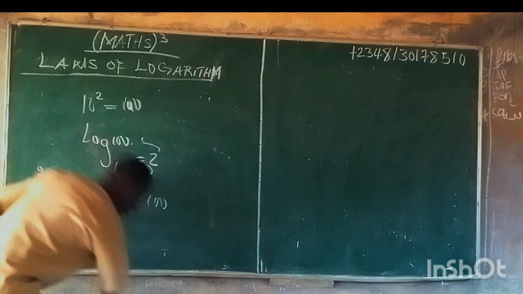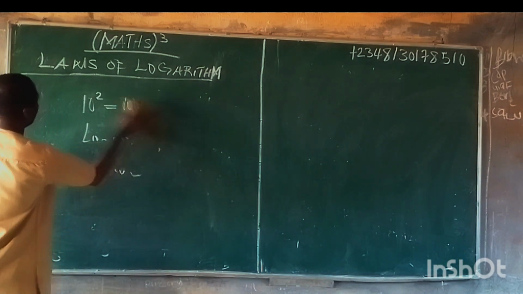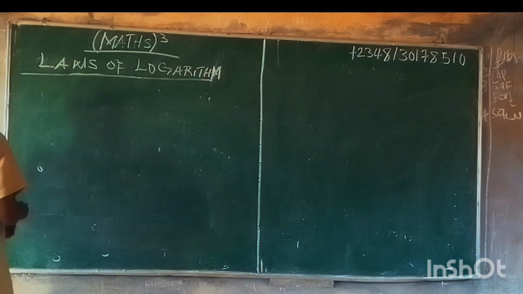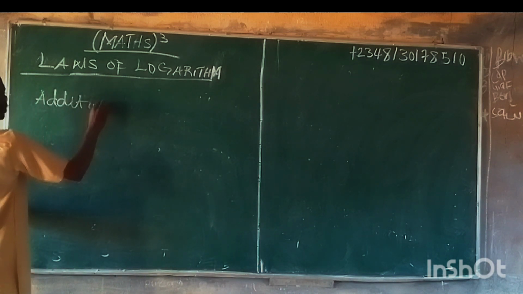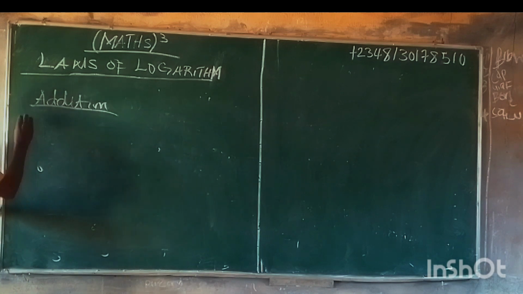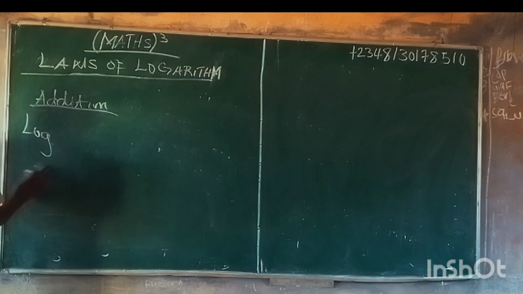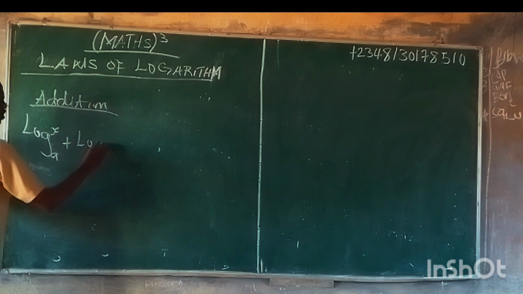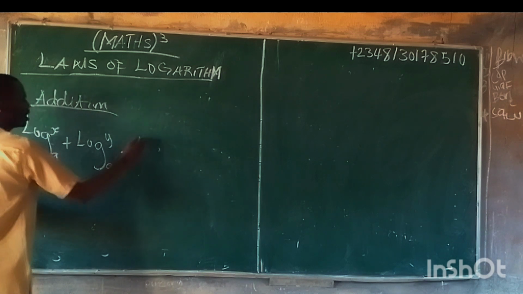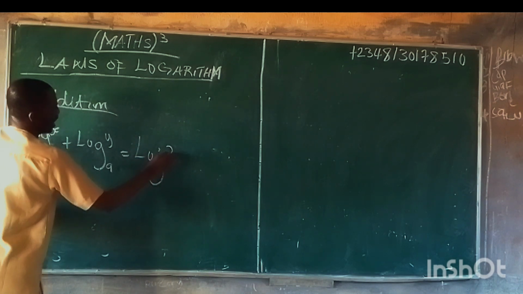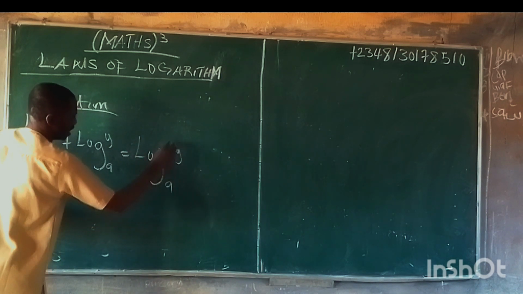Let's go to the laws of logarithm. The first law is the law of addition. When you have log x base a plus log y base a, this should be log xy base a.